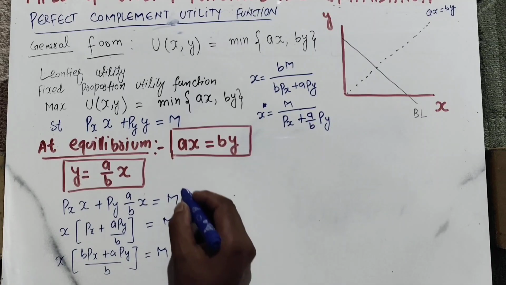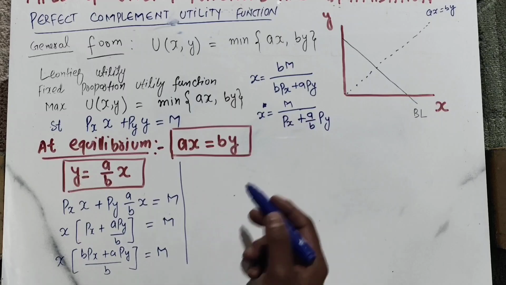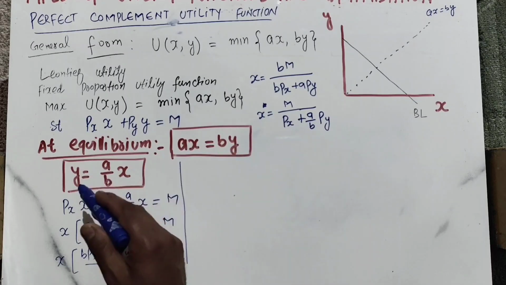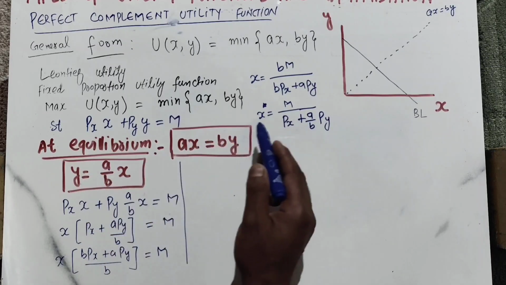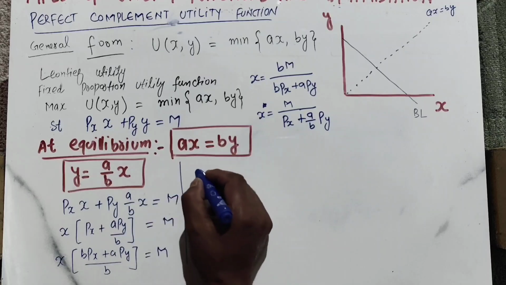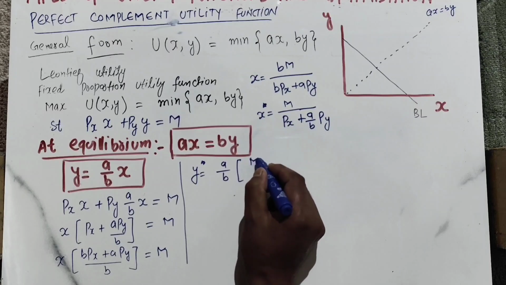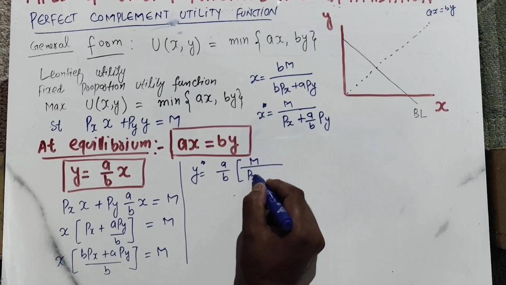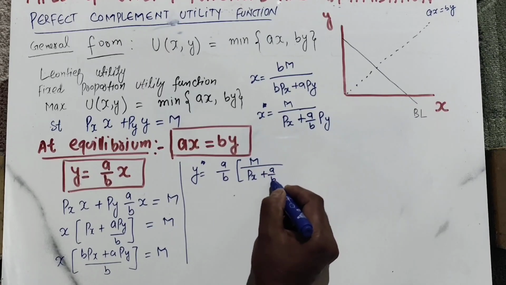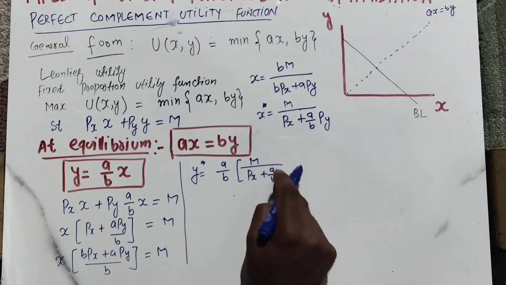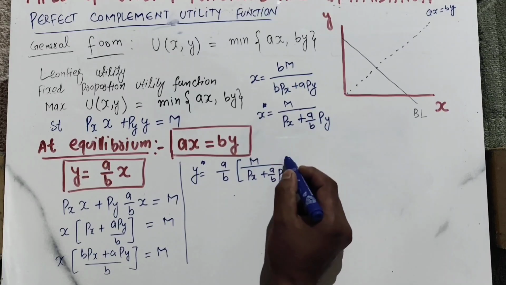Likewise, to find out the optimal choice of good y, what will we do? We plug x is equal to this stuff into this equation. So y will be equal to a upon b, the value of x, which is m divided by px plus a upon b times the price of y, good y.